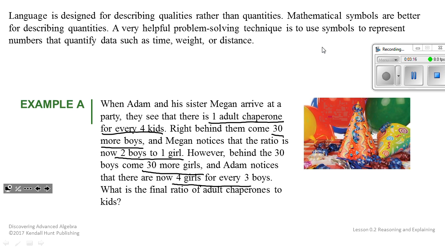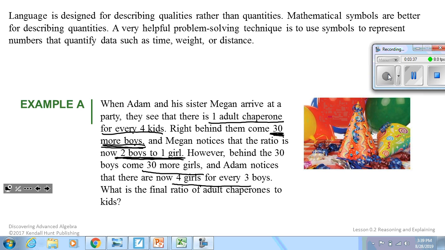Let's look at what comes next. All right, so we finished that. What about the next part, right? Behind them come 30 more boys, and the new ratio is 2 boys to 1 girl. So now we have a ratio that's boys to girls, and there are 30 more boys that come in.